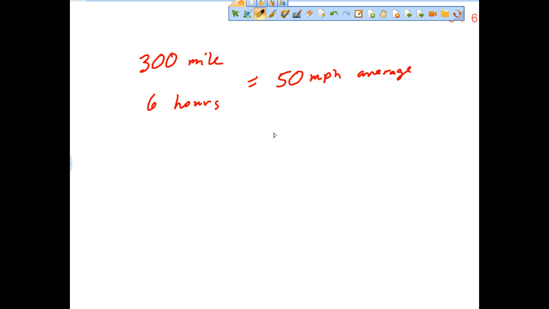I mean, if you think about it, if it took me on average 50 miles per hour, then I must have been at some points traveling faster than 50 miles per hour, and at other points traveling slower than 50 miles per hour. But the mean value theorem guarantees that I must have been traveling at exactly 50 miles per hour at least one time.